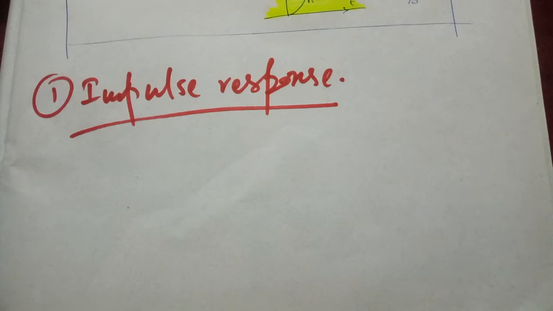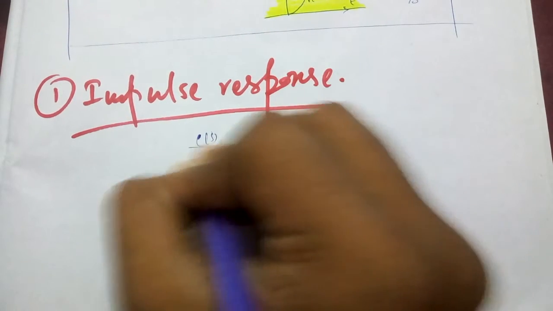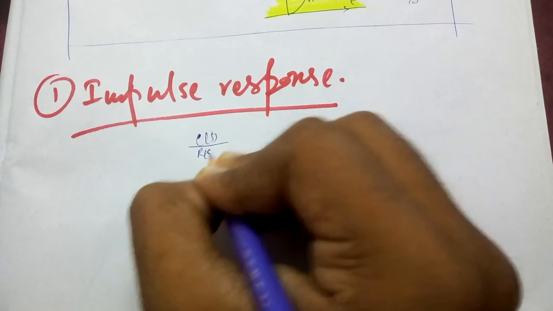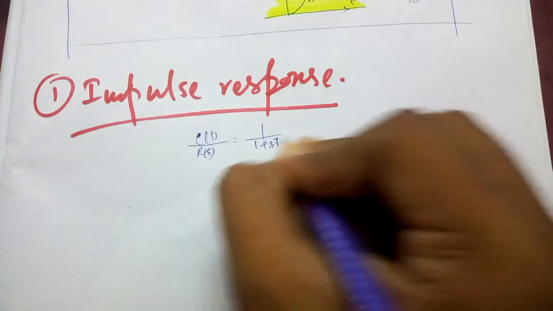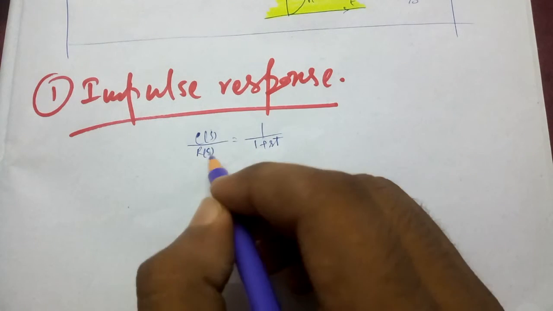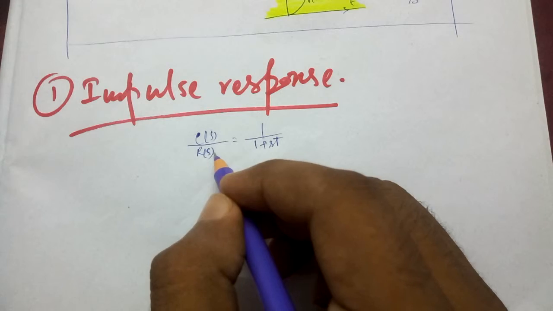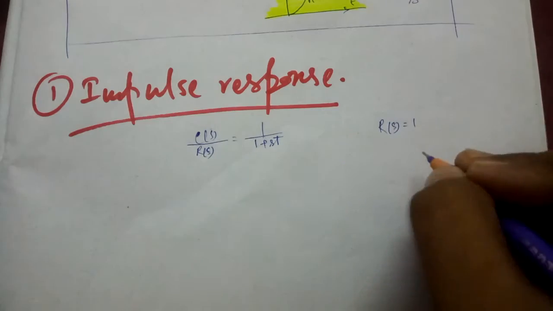So first let us discuss the impulse response. We know the transfer function of first order system, that is C(s) by R(s) is equal to 1 by 1 plus sT. Now the input R(s) is impulse, so in case of impulse R(s) is 1.